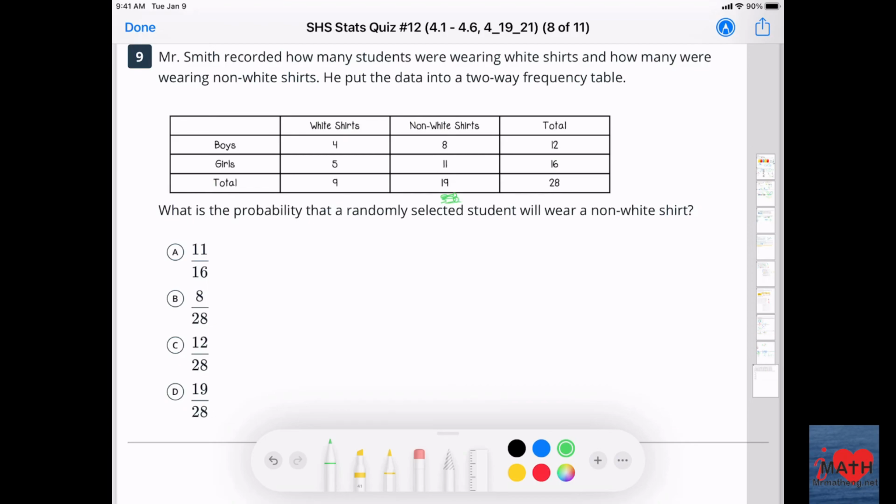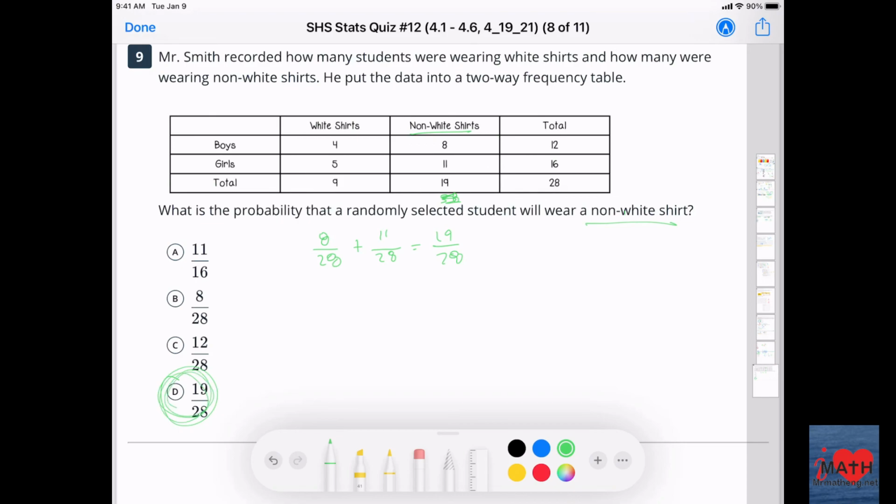So you can do that two ways. You can add up the boys that are wearing the non-white shirts, right? So we're trying to count up the non-white shirts, so that's 8 over 28 plus the girls wearing non-white shirts. And that will give us 19 out of 28, because that's the non-white. So that would be choice D.